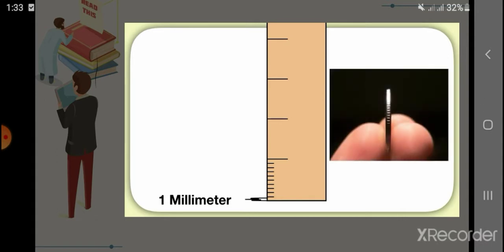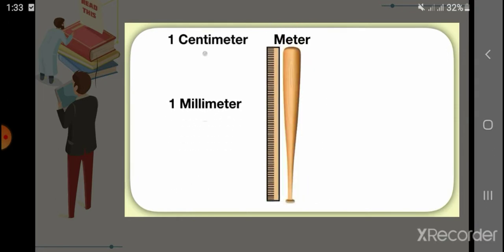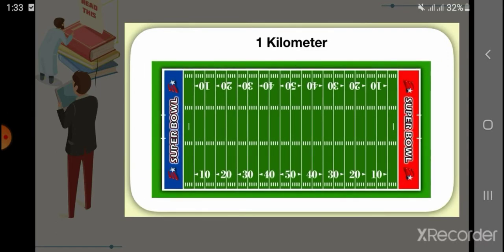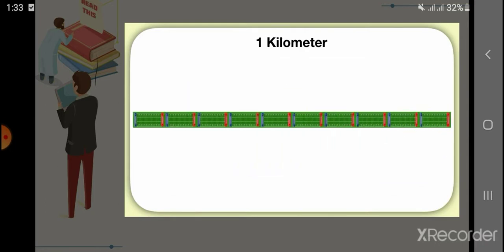So now we have three measurements: centimeters, meters and millimeters. Millimeters are the smallest. Then we have centimeters and meters. Now the biggest one is 1 kilometer. For a kilometer, I want you to think about a scale which is 100 meters long.